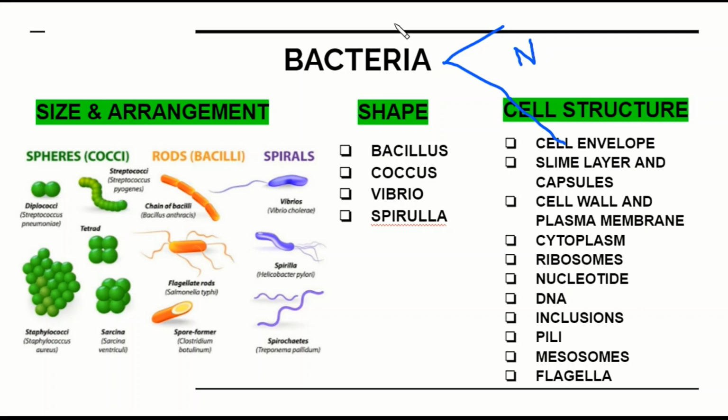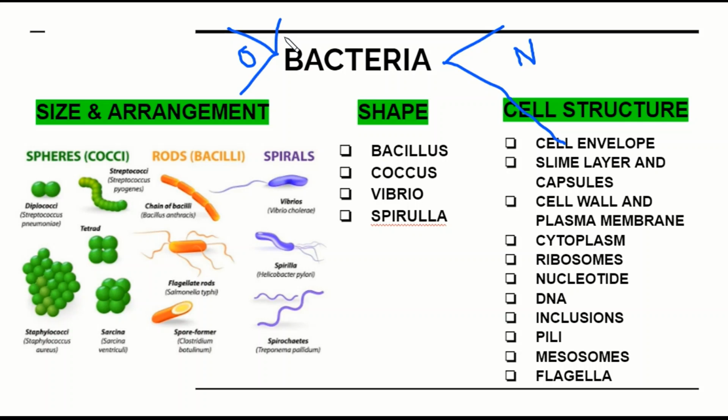Now, according to the oxygen requirement, these are of 5 types. First one is aerobic, which requires oxygen for growth. Another is anaerobic bacteria, which doesn't require oxygen. The third one is obligate aerobes.